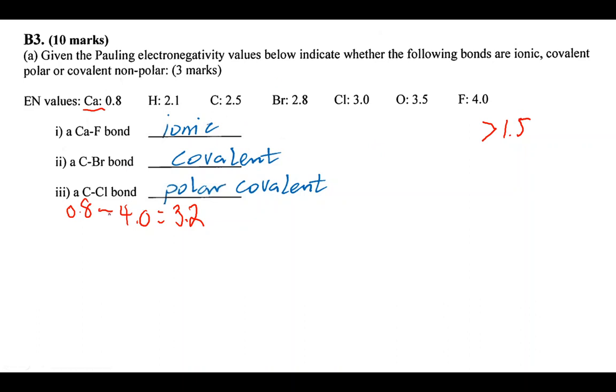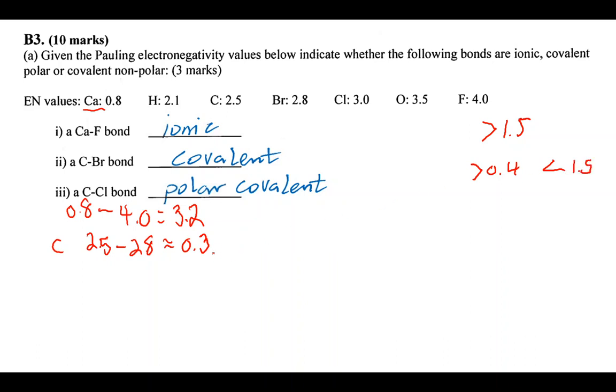And then looking at the second one here, carbon-bromine. So carbon here is 2.5, and then bromine is 2.8. So that would be a difference of 0.3. So in order to be considered a polar covalent bond, it has to be greater than 0.4, but less than 1.5.